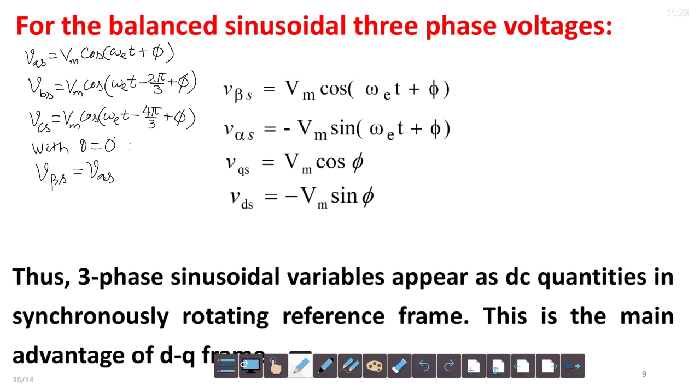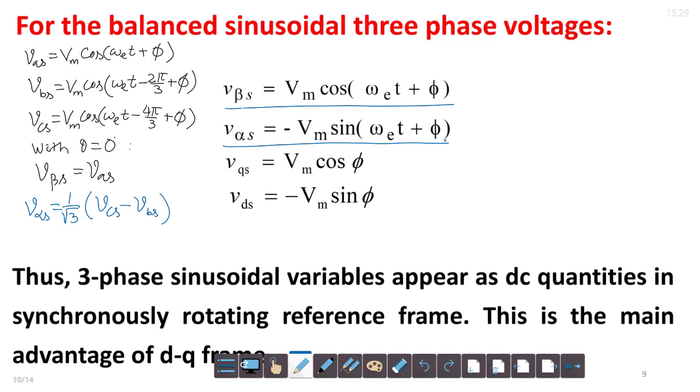So, we get this equation: V beta s is V as, that is Vm cos of omega e t plus phi, and for V alpha s we use that transformation matrix. V alpha s is 1 by root 3 times Vcs minus Vbs. If you apply this, you get V alpha s as minus Vm sin of omega e t plus phi.